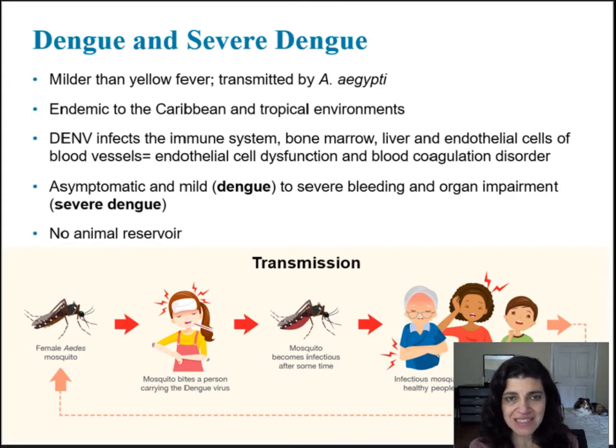There is a test that you can do to detect if the person has dengue. If they have this combination of symptoms, they put a tourniquet. It's called the positive tourniquet test. They put a tourniquet, like if you're going to measure the blood pressure, right?